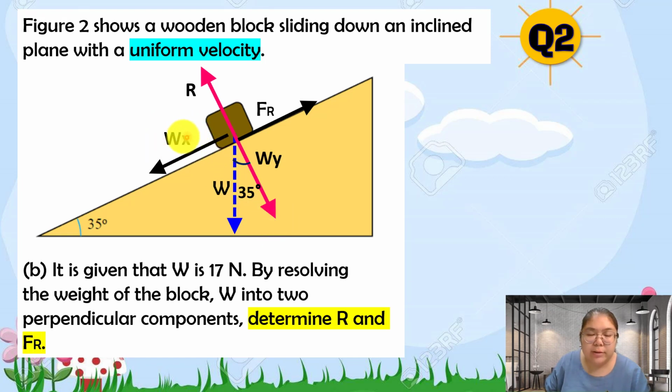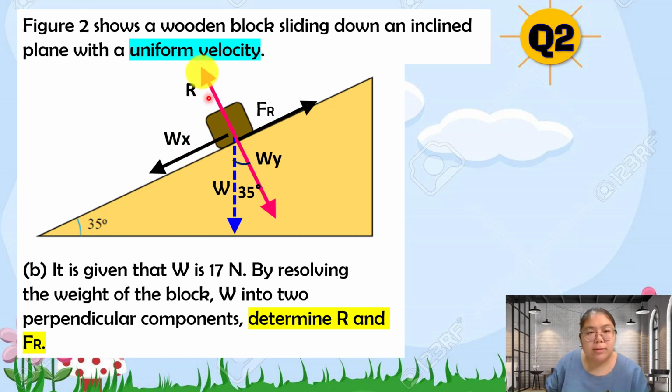If I bring the WX to come down, they're just like one perpendicular triangle. Why do I want to bring the WX up? Because I want you to see friction and WX in opposite directions. So this block is at uniform velocity, which means the friction and WX should be equal.